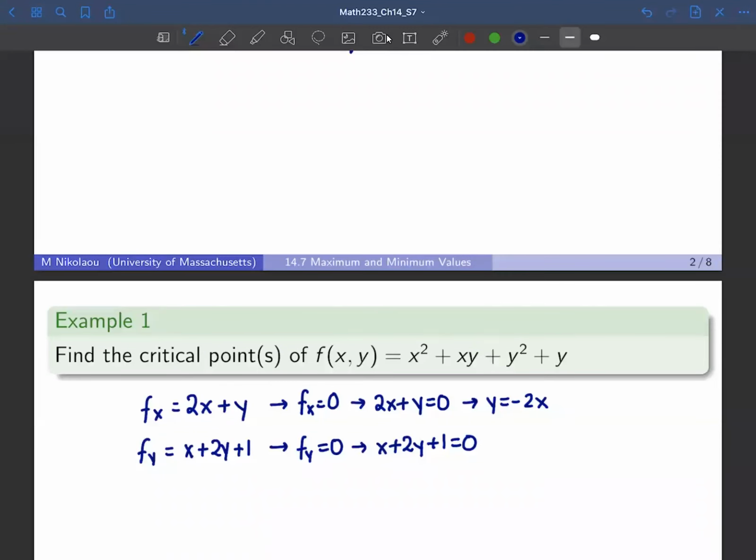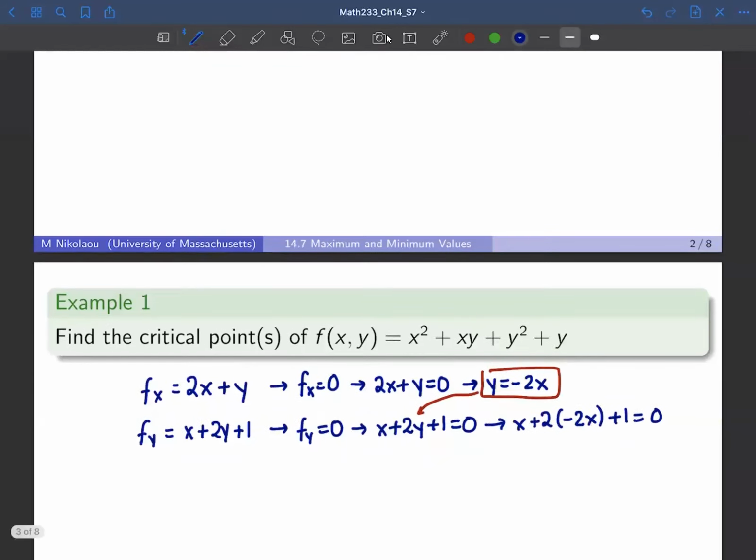Substituting y equals negative 2x from before, we have x plus 2 times negative 2x plus 1 equal to 0. So we have x minus 4x plus 1 equal to 0, which means negative 3x is equal to negative 1. That gives us that x is equal to 1/3.